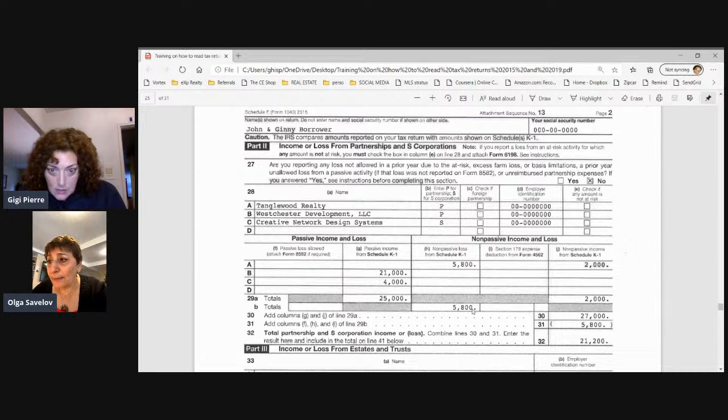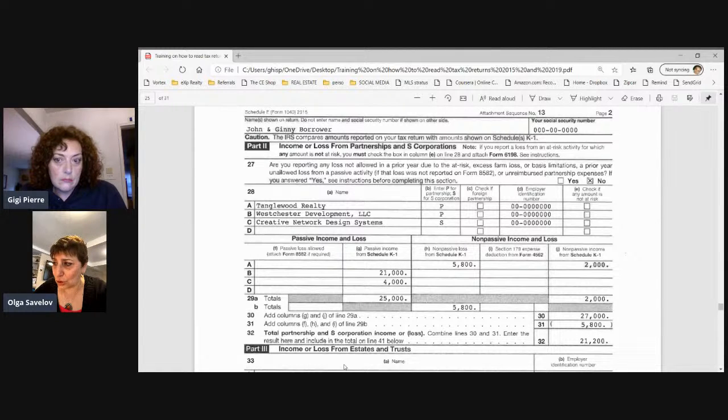On line B, which is Westchester Development, they made $21,000. And on line C, Creative Network Design, they made $4,000. So together B and C made $25,000. They lost $5,800 on Tangible Realty, and they made $2,000.